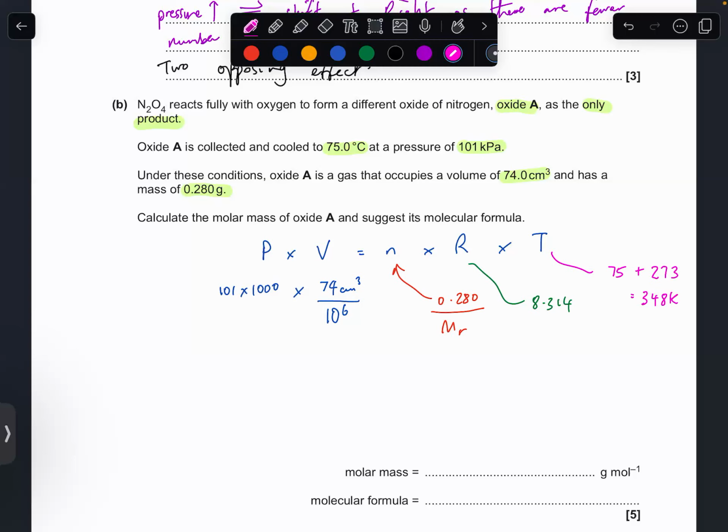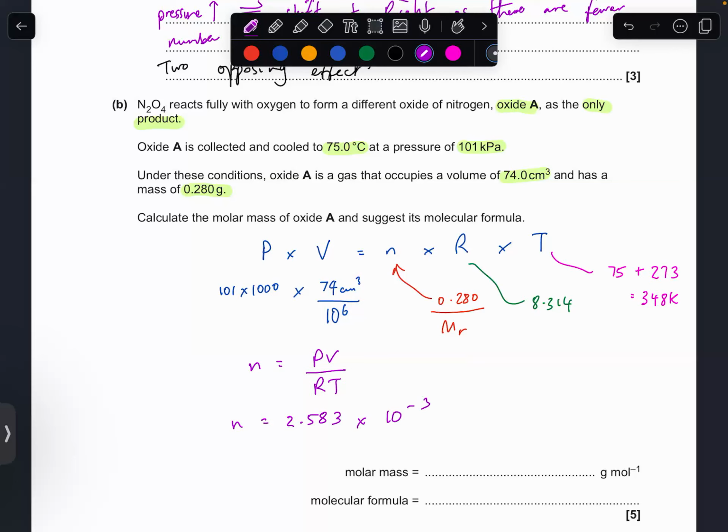And so by rearranging, n is equal to PV over RT. Let's work this out. n is equal to 2.583 times 10 to the minus 3.